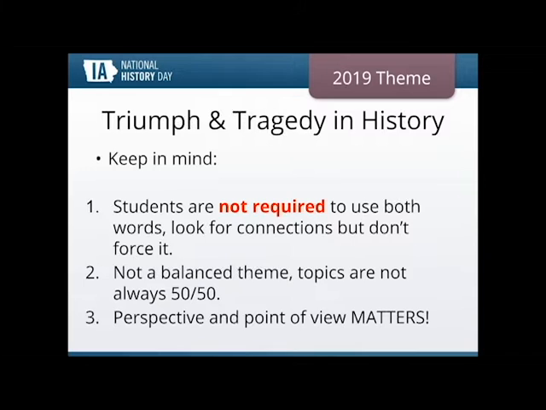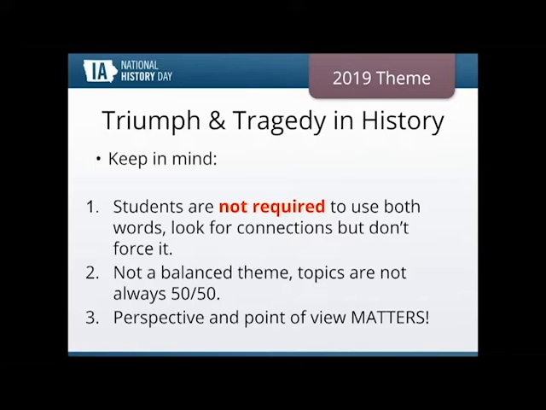So with these two theme words and the theme itself, I want you to keep a couple things in mind for this year. The National Office has declared that students are not required to use both theme words in their project, but we do want to encourage you to make connections. This year's theme is not technically balanced. A lot of topics you're going to find are not always going to be 50-50.